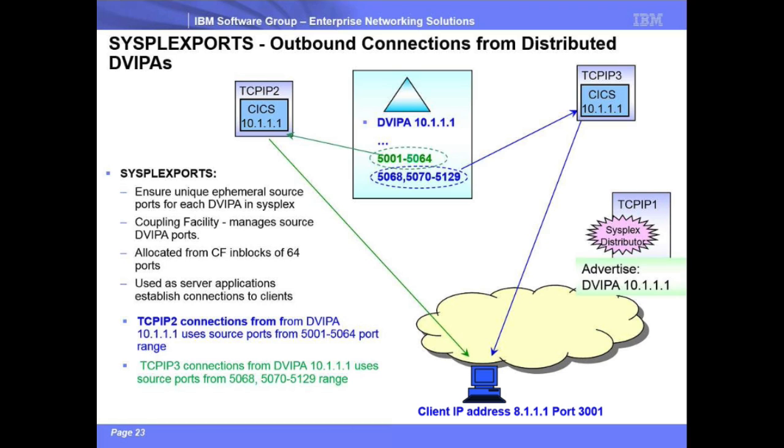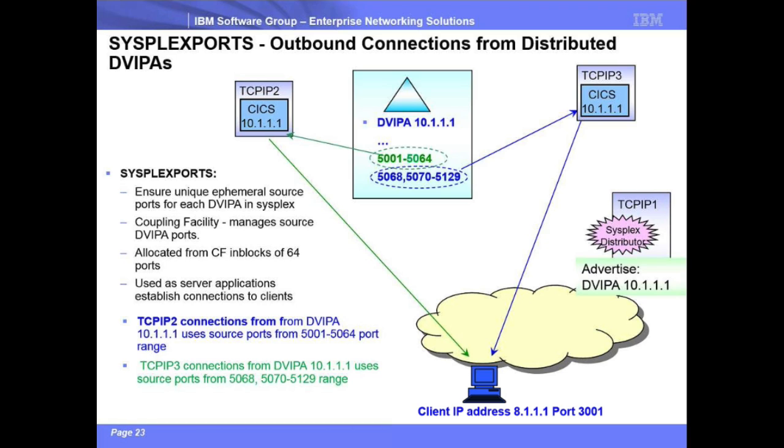So in this example, if you look at green, the green port range 5001 to 5064, the coupling facility has allocated those ports to TCP/IP2 for this DVIPA, and then the coupling facility has allocated the blue port range to the TCP/IP3 stack.